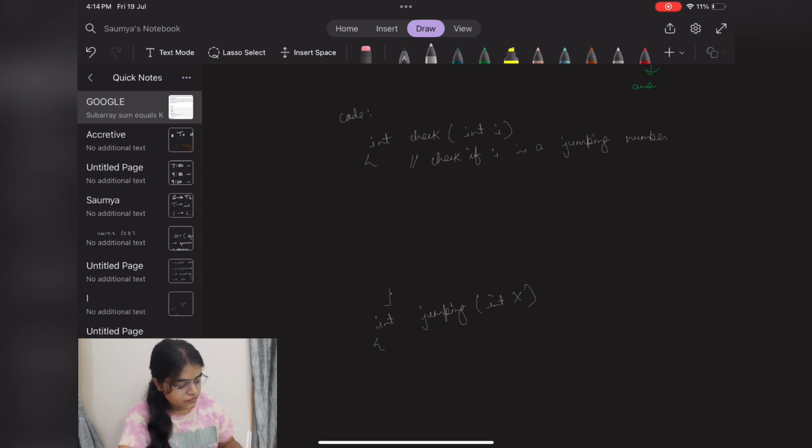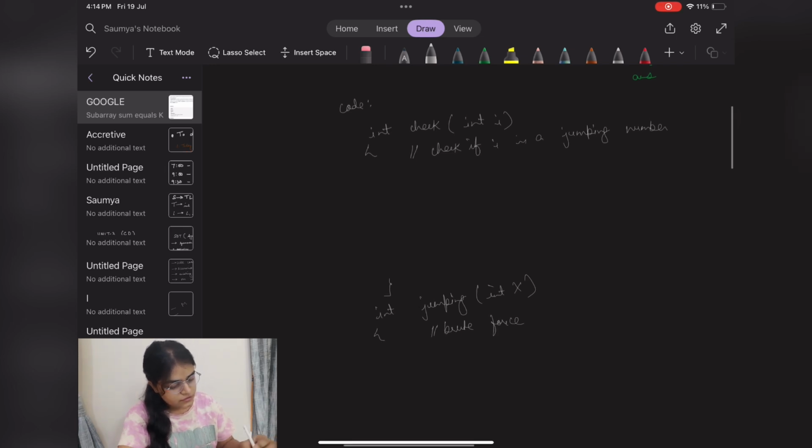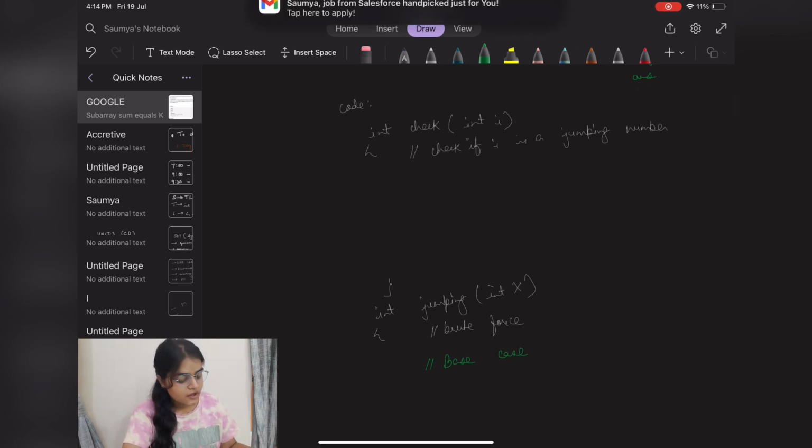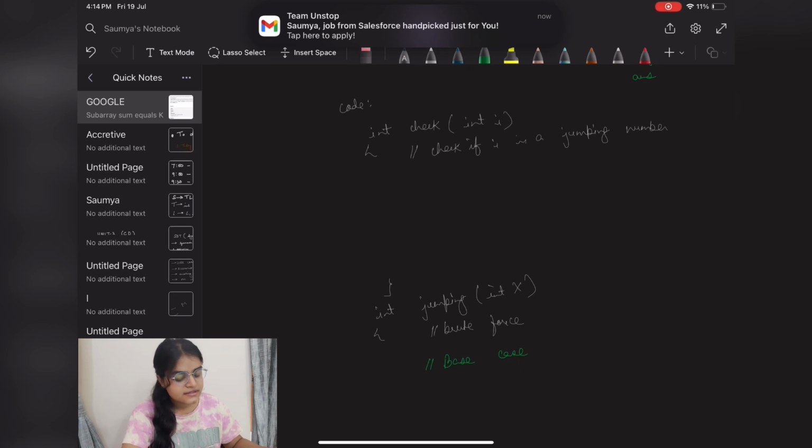So for the brute force approach, first of all, the base case. What's the base case for this solution? Any hint? Okay, for the base case, since it was already given in the question that all the single digits are jumping numbers, that will be our base case.